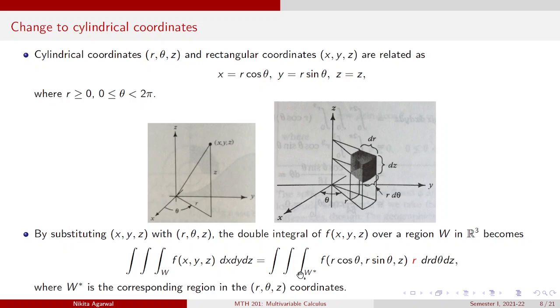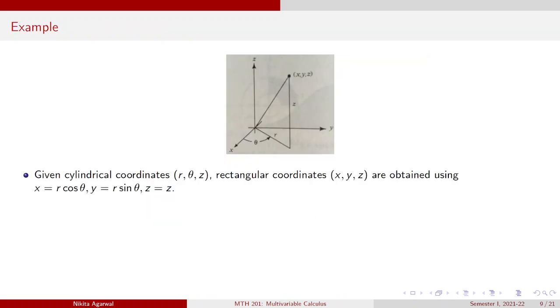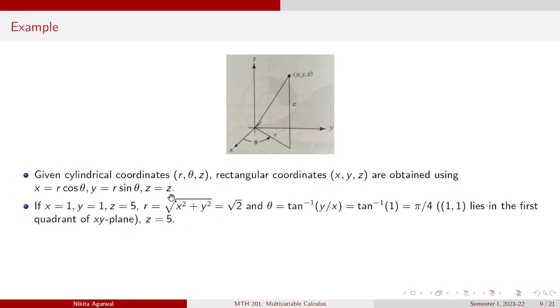And the integration now is over the region W star, which is how W transforms as a region in the cylindrical coordinates. Okay. Let us look at a few examples. So given cylindrical coordinates, how do you compute rectangular coordinates? By these equations.